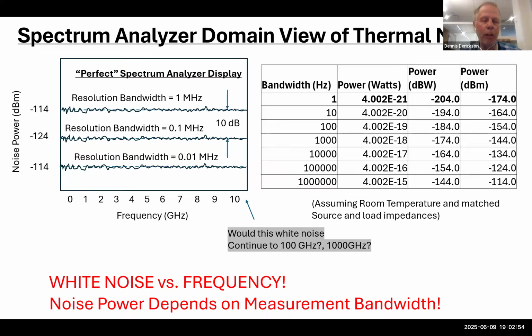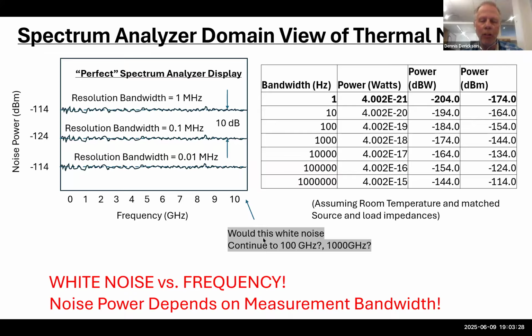Now, if we just go onto our spectrum analyzer, instead of typing in 1 megahertz for the resolution bandwidth, we typed in 0.1 megahertz, we would find that the displayed noise level will drop by 10 dB. Because noise doesn't have a specific frequency, it's white. It has energy that goes from DC maybe to infinity. Well, it seems that might be impossible, but it's broadband over most of the frequencies we care about for electromagnetic communication systems.